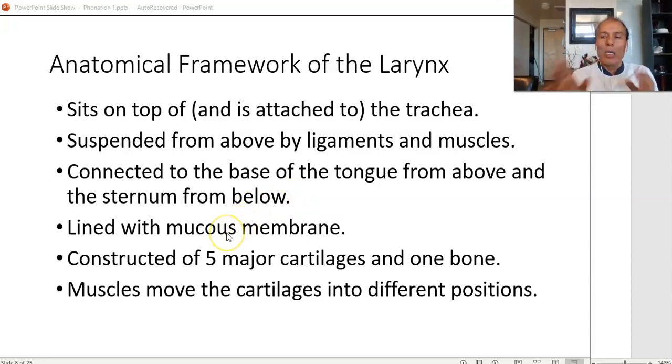Inside of the larynx, there is a mucous membrane, a smooth, slippery membrane. Notice the spelling of the word. If it is mucous, that means it is flesh, it's an epithelial membrane.